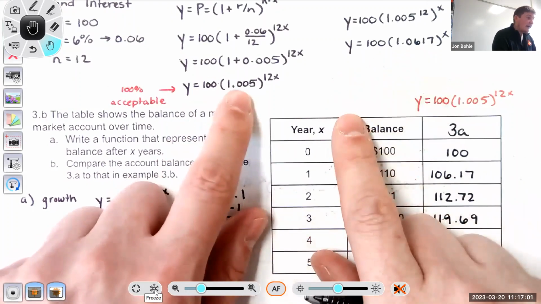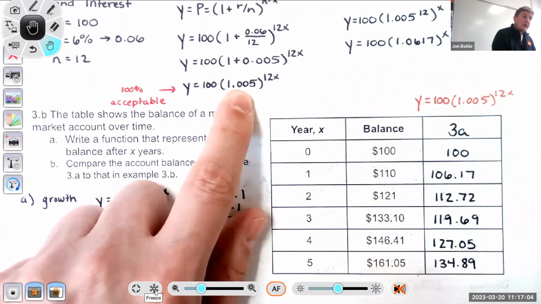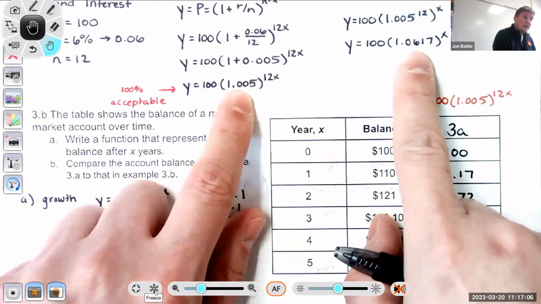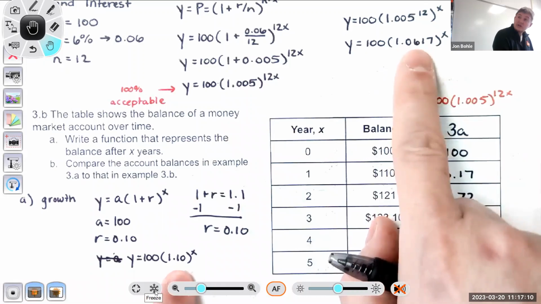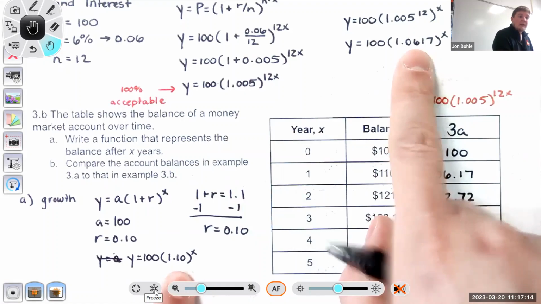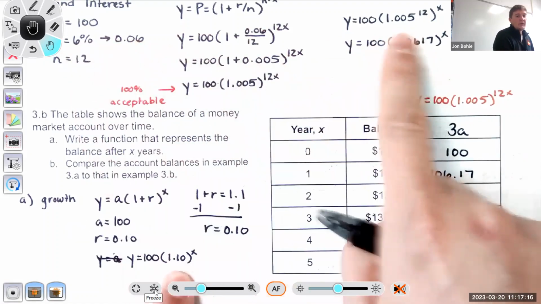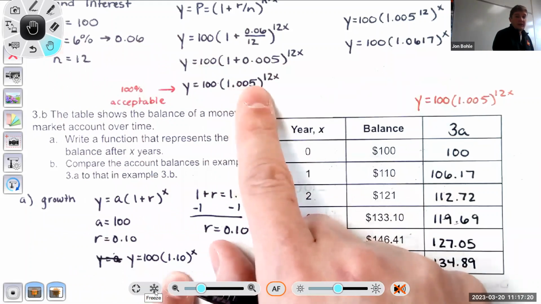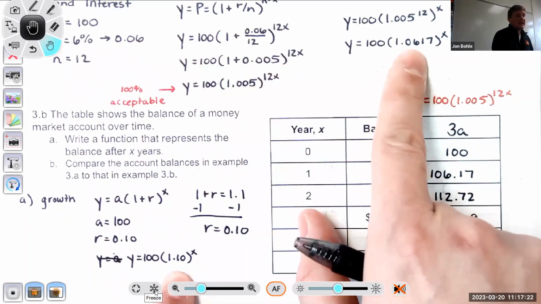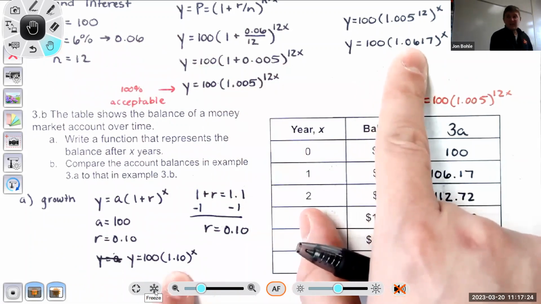We took our compounded monthly formula and converted it into a yearly annual interest. And what's the yearly annual interest here? It's only 6%. Although it's compounded monthly, so I do get a little more than 6%, but not a ton more.